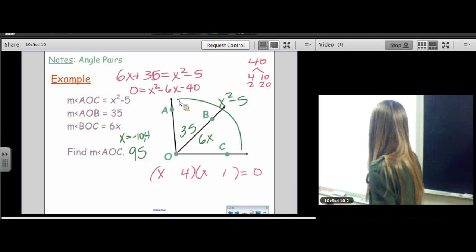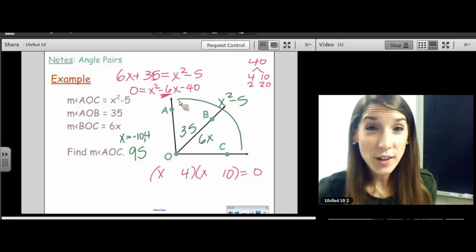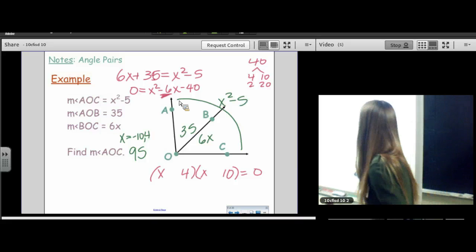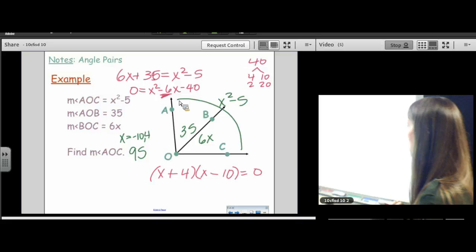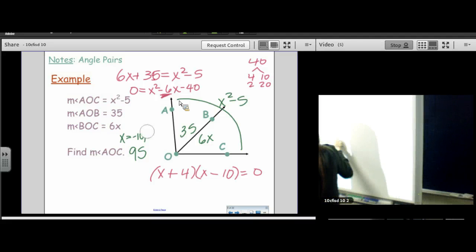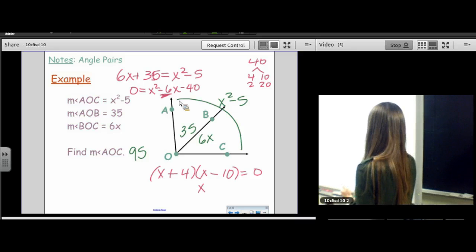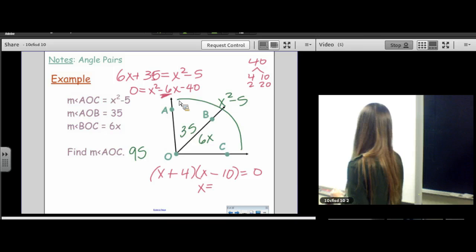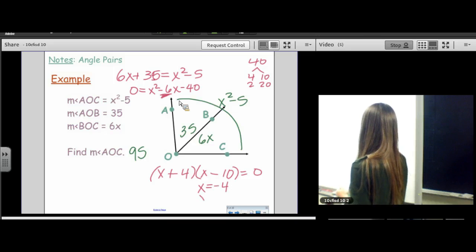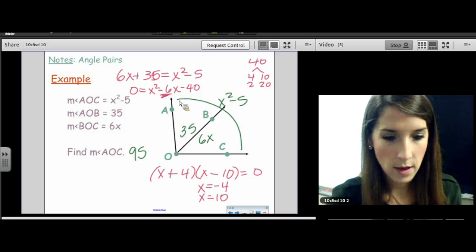We want a negative 6, so we want our larger number to be negative. So we're going to have a 4 and a negative 10. So actually it's going to be the opposite of what you said. So we're going to set these equal to 0. And x equals negative 4. And x equals 10. Are we okay with that?